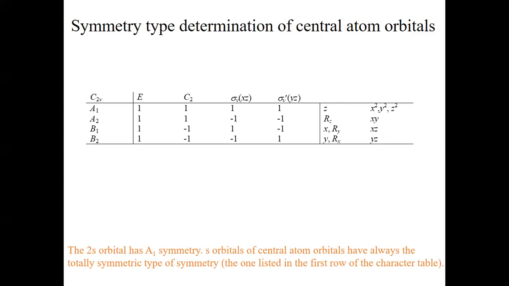Okay, so now this is easier than the determination of the symmetry types of the ligand group orbitals, because you do not have to determine reducible and irreducible representations. You can determine the symmetry type just by looking into the character table.